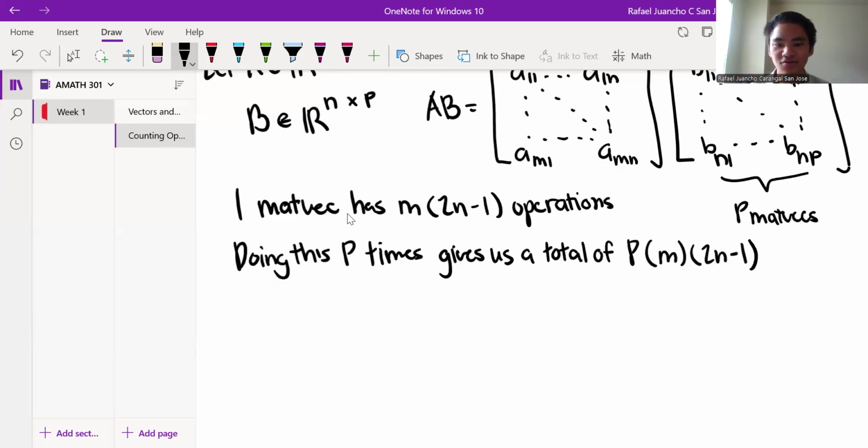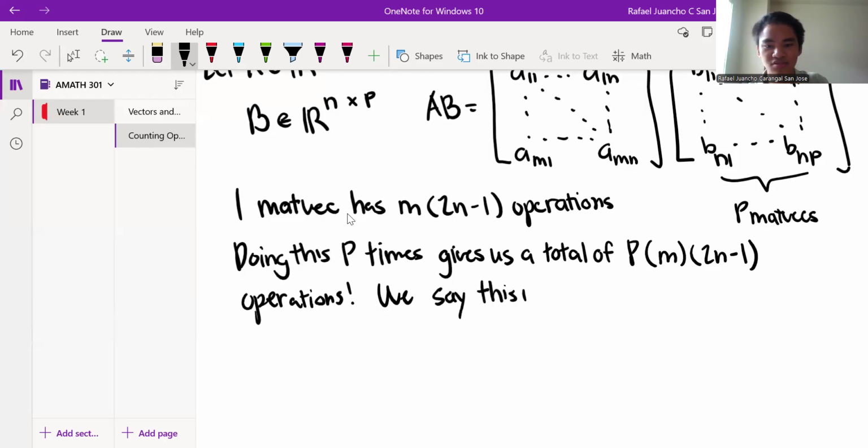So that's now our total number of operations. Okay. So in big O notation, we say this is O of P M N. Now, what if, let's try this.